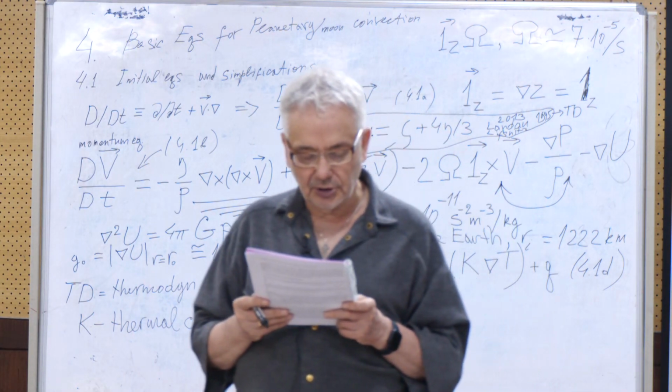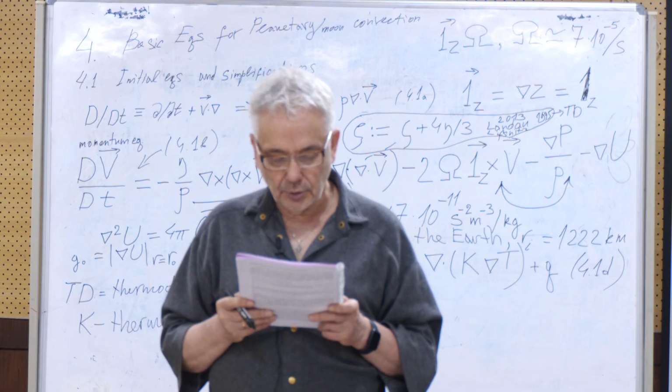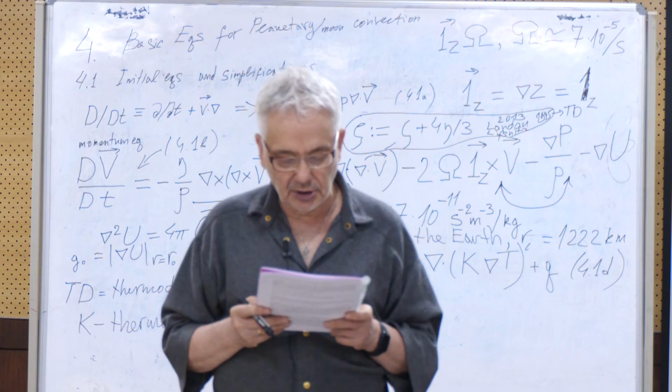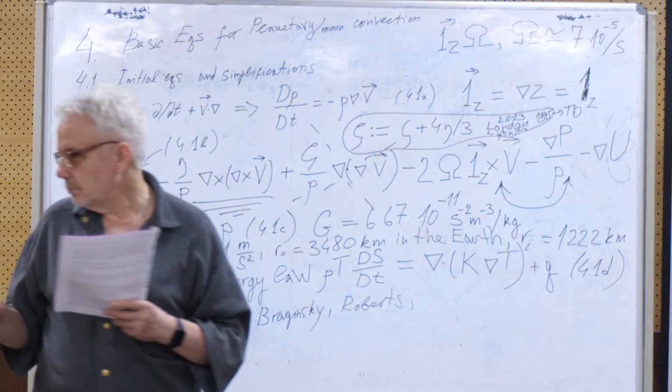So accordingly, the equation of the nearly adiabatic state of the matter closing the convective system 4.1 can be written in the original form. Let's write it down in the original form.